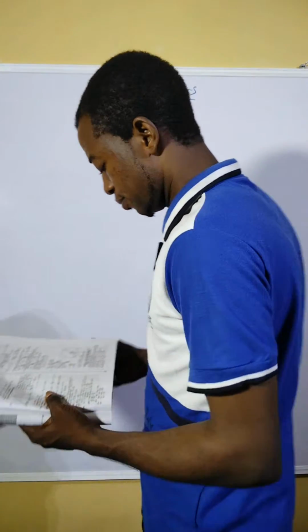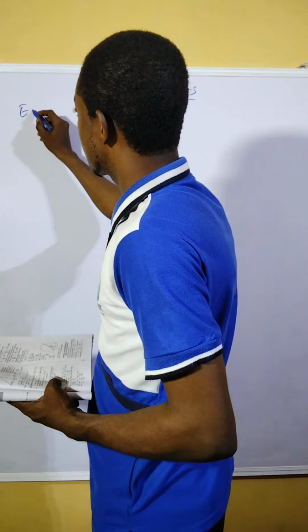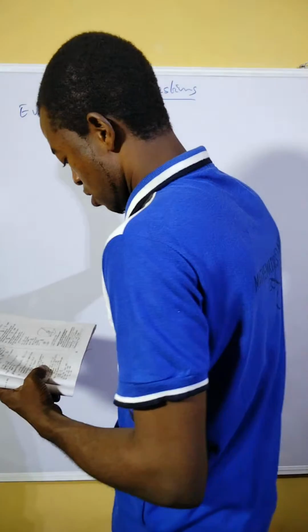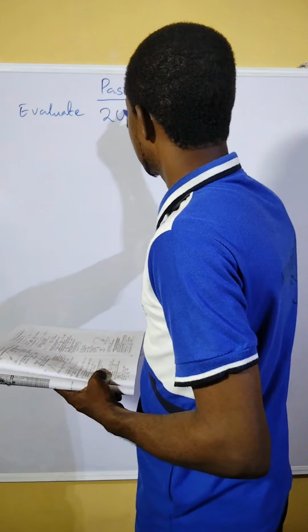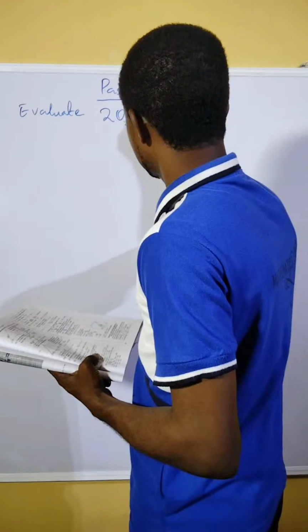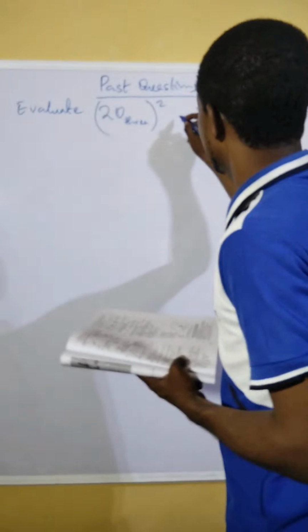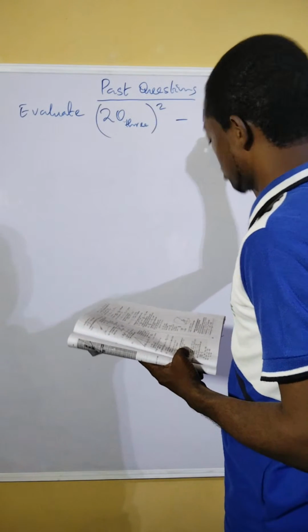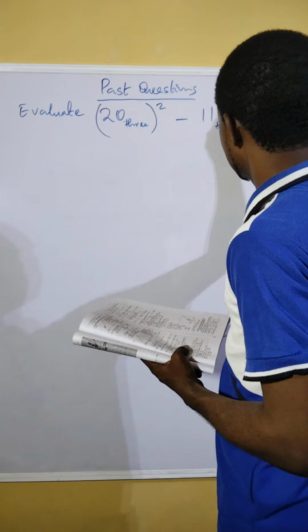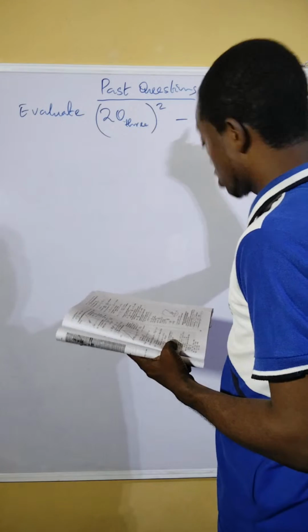Number 1 here, we have: evaluate 20 base 3 raised to power 2 minus 11 base 3 raised to power 2, in base 3.